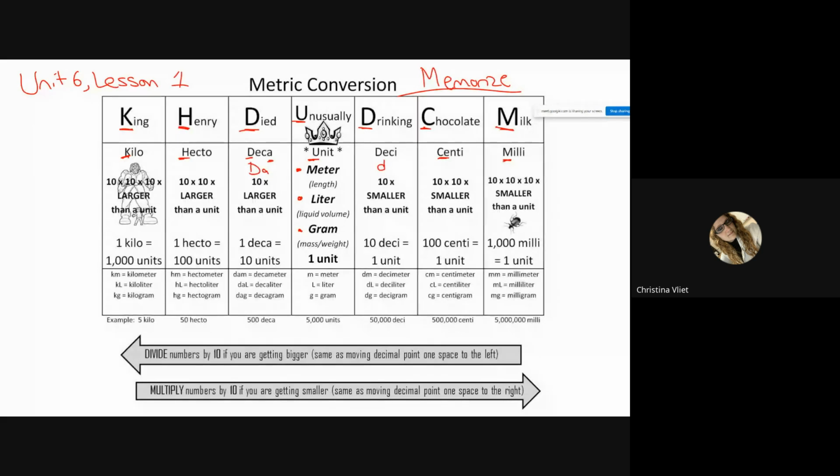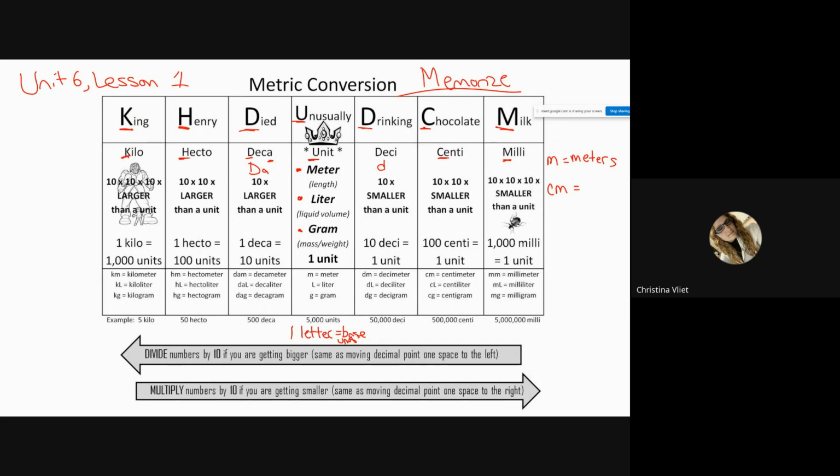So if I see one letter in my abbreviation, this means I'm in the base unit. So for example, if I see the letter M, that means I'm in meters. If I see two letters, so let's say I see CM, what does this mean?